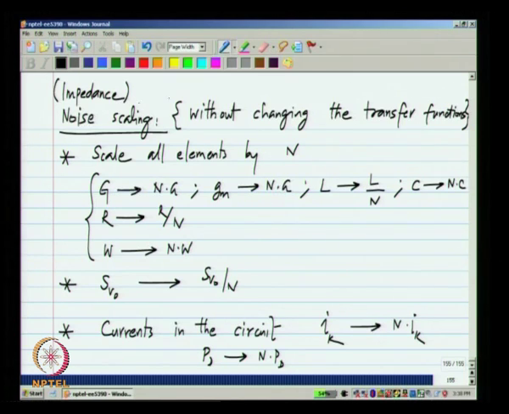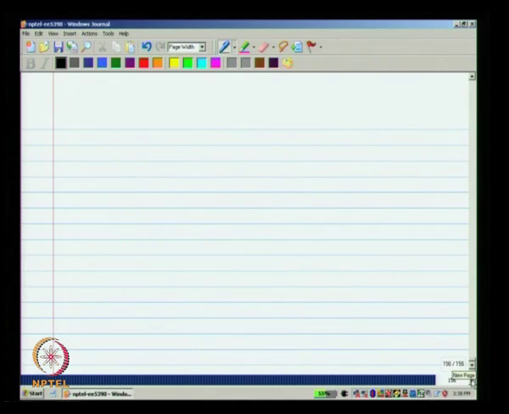because all branch impedances Z_k have become Z_k divided by n. Now, we sometimes have to do bandwidth scaling.